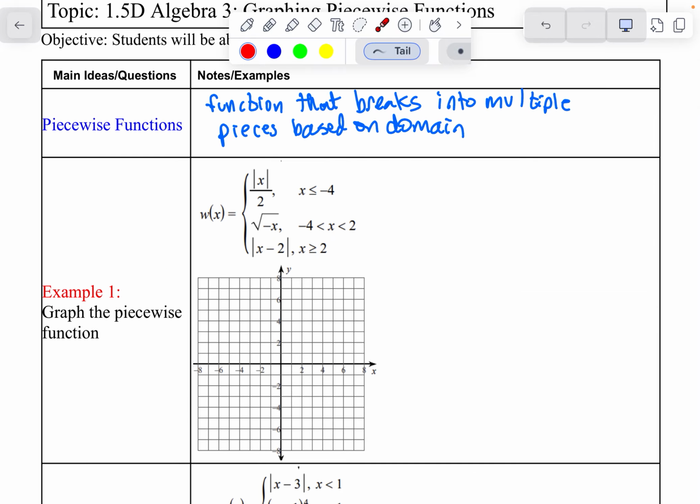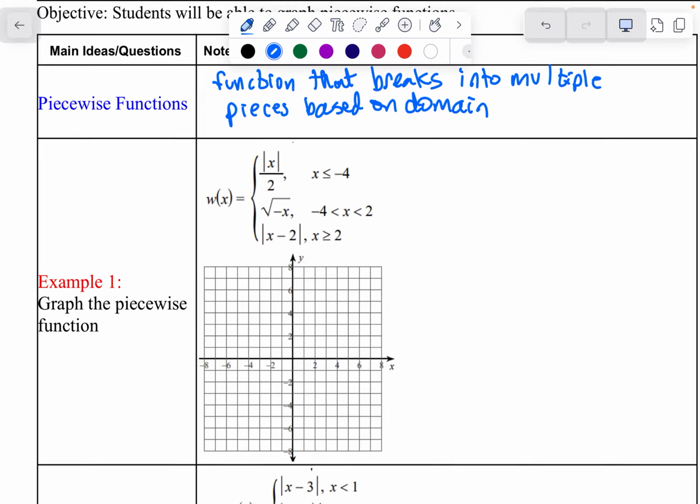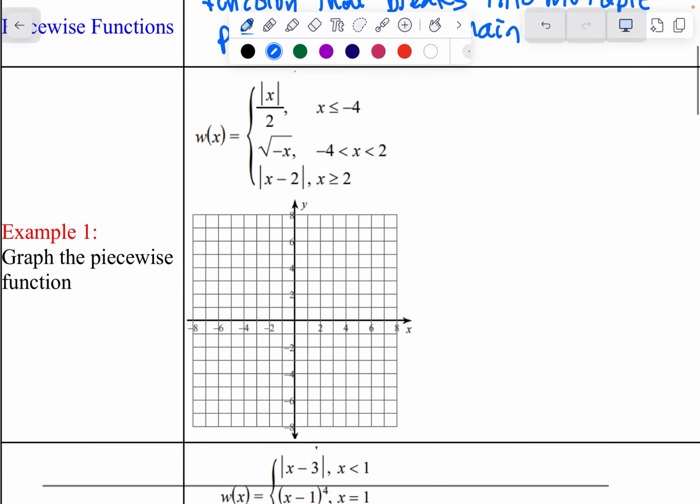So what we want to do is first look at our borders. See those borders there? So we have something that switches at -4, between -4 and 2, and then at 2 again. So the first thing when we go to graph these, my suggestion would be at -4, put a little dashed line.